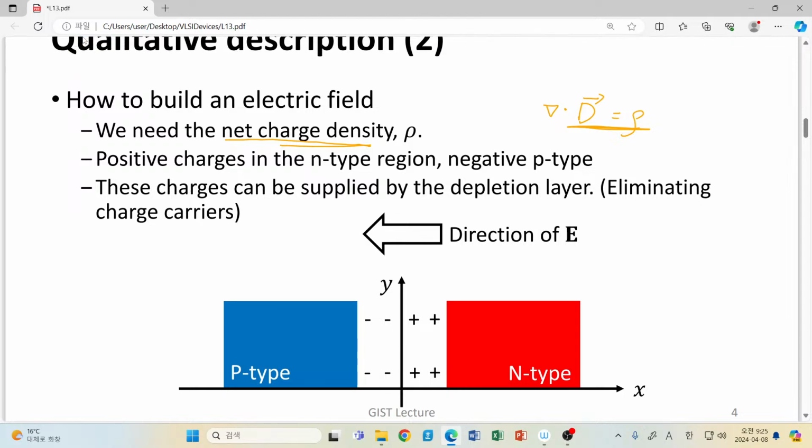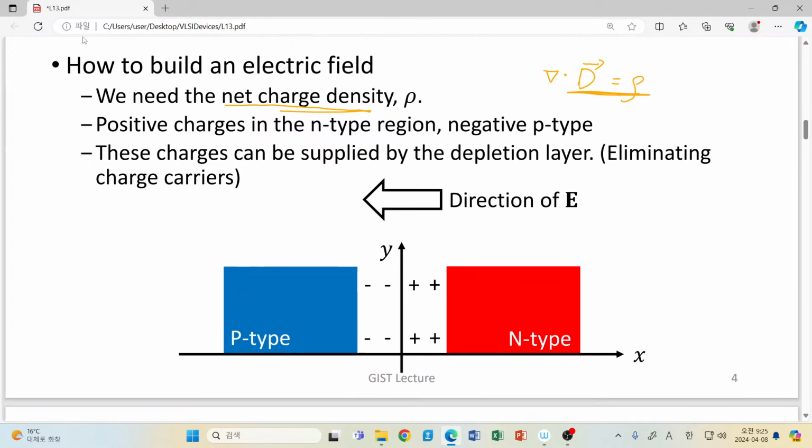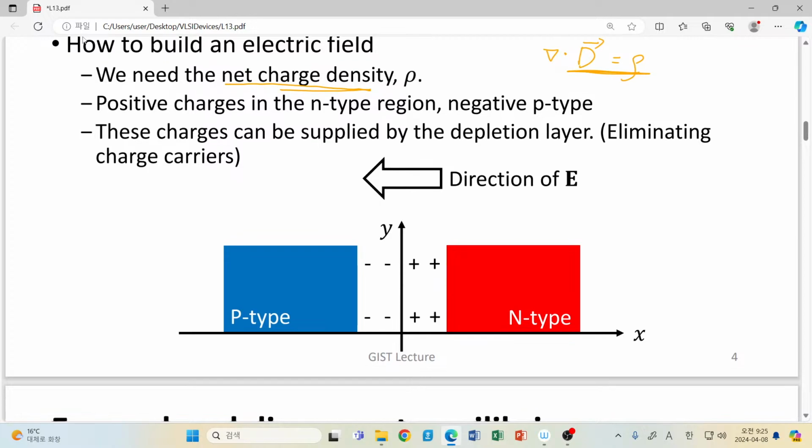So we must assume the existence of a non-zero net charge density inside our system, and from our discussion it is obvious that we must have positive and negative charge, and also perfectly balanced.